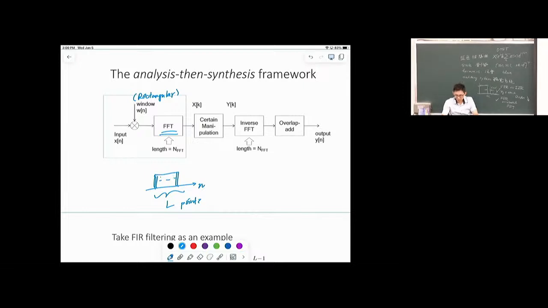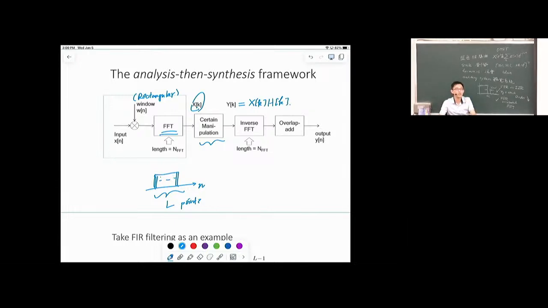So now X[k] is in the frequency domain already. As we will see, in general, we can perform certain manipulations in the frequency domain. There are endless possibilities. But in our next example, we're going to work in the frequency domain where Y is equal to X times the Fourier transform of the impulse response.